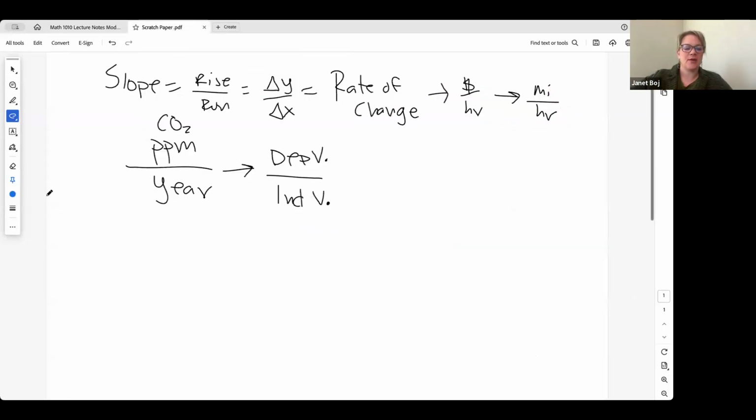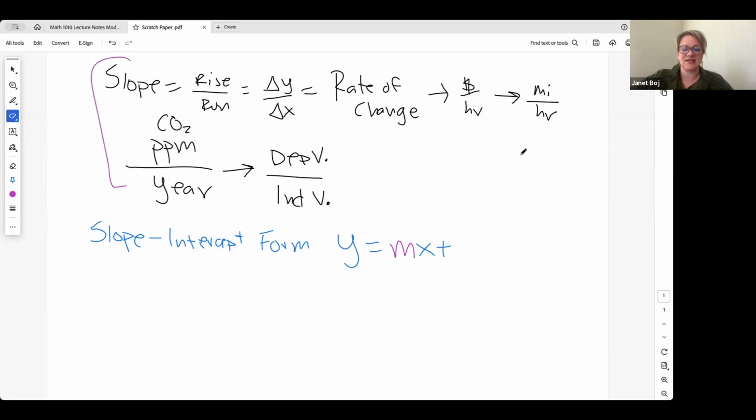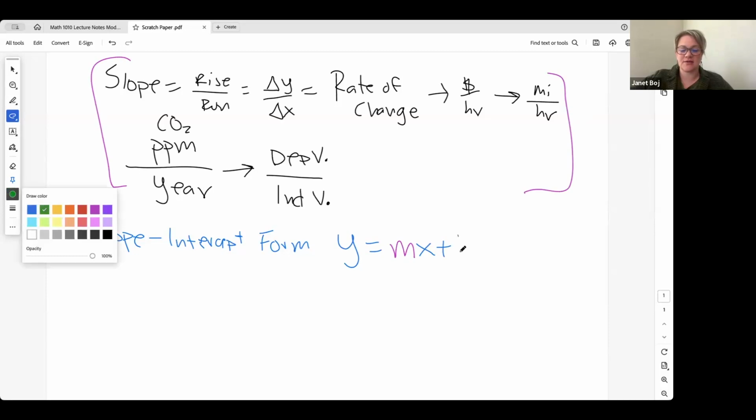Remember, the math nerds' favorite form of the equation of a line is the slope-intercept form. We love this because it gives us really good information. The slope-intercept form of the equation of the line is y equals mx plus b. We'll talk a lot in this section about m, the slope, which is what we've discussed here, and b, the y-intercept.